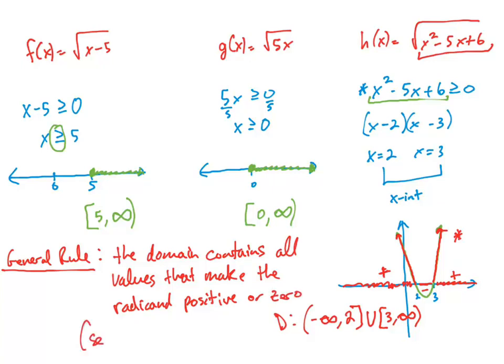So in other words, set the radicand to greater than or equal to 0. All right, so that's how we find the domain for a radical expression.